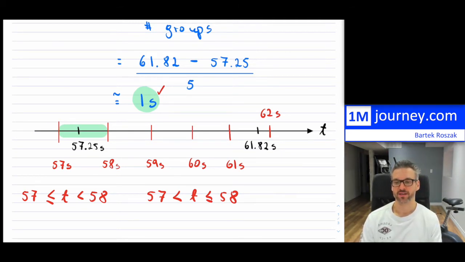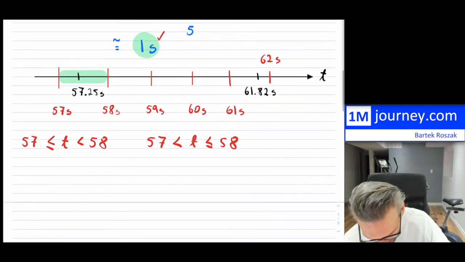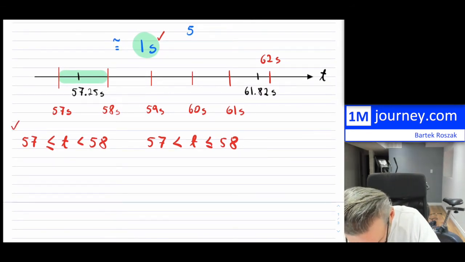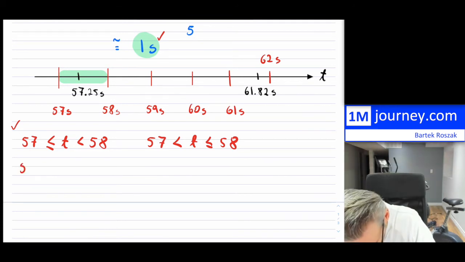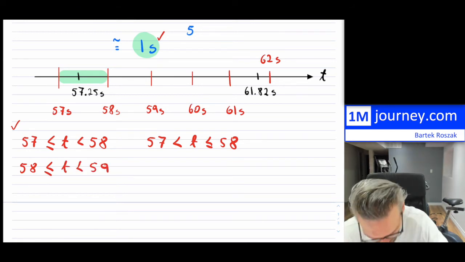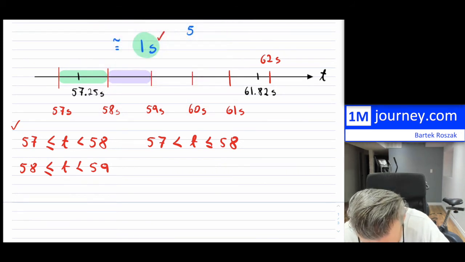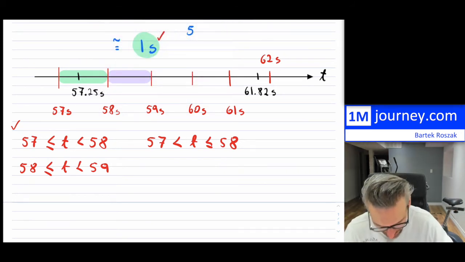Whichever one you choose, be consistent. So here this is going to be 58 to 59, that's going to be your second group. Those are all the time intervals that fall there.